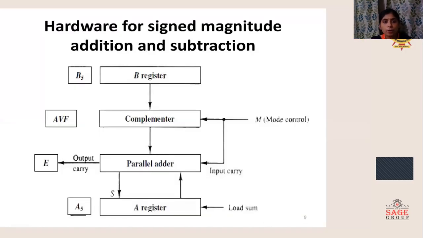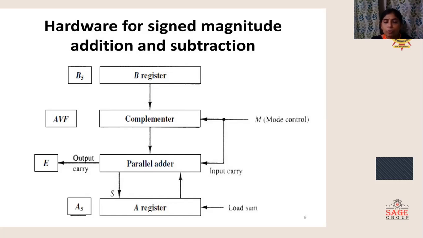This is the hardware for both the operations, addition and subtraction, for fixed point signed magnitude data. Here for storage of data A and B, two registers will be required, A and B registers. The signs of both A and B data will be stored in AS and BS respectively.